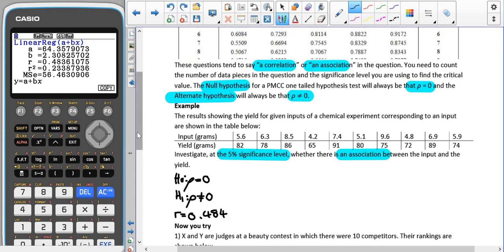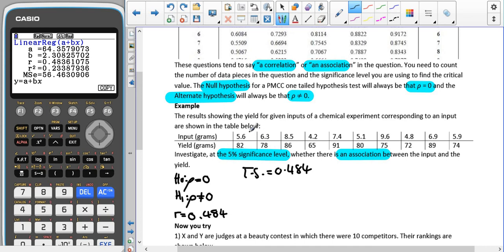This time, using our critical values table to look up our value for the critical value. Remember that this is our test statistic, 0.484. We have 1, 2, 3, 4, 5, 6, 7, 8, 9, 10 pairs of data. So along the top, remember that we're going across from 2-tail this time to 5.